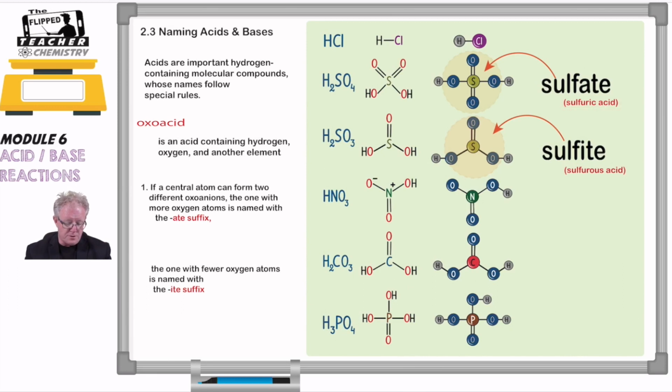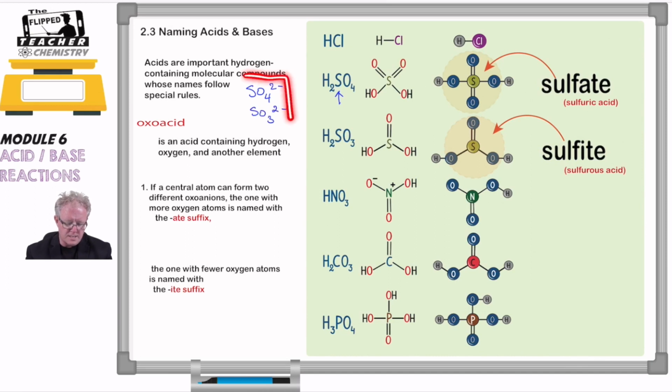So the first thing with these is these are called oxo acids. Oxo acid, in other words, containing oxygen and hydrogen. If the central atom can form two different oxo anions, and remember an anion is a polyatomic ion that has a negative charge, so this central atom here, sulfur, can form SO4 2- and SO3 2-.